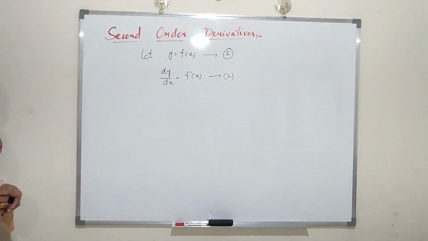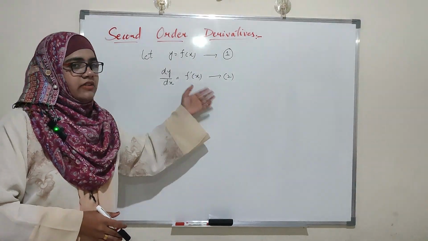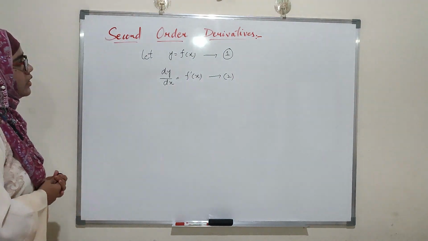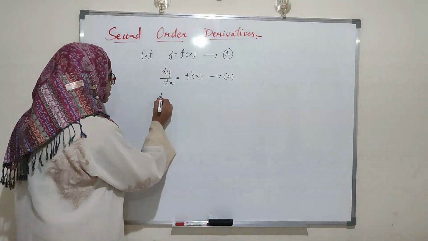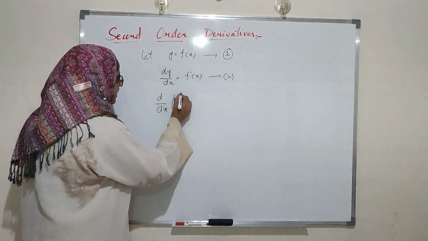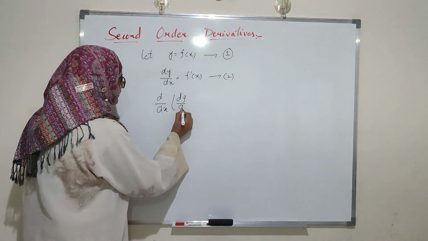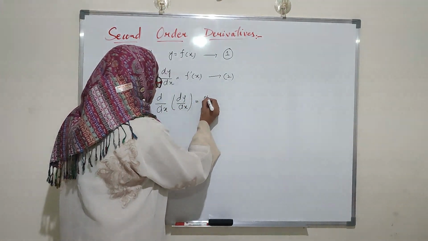So see here, if f dash is differentiable again, then we may again differentiate equation 2. How? Differentiation of equation 2 once again, d by dx of dy by dx is equal to f dash of x.